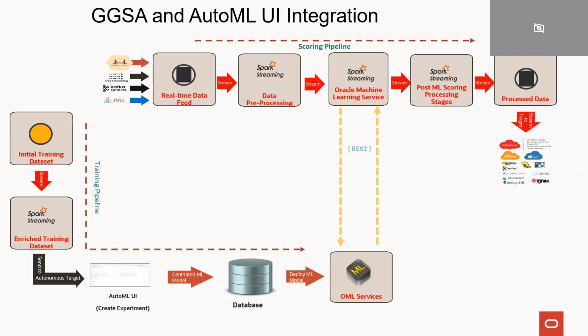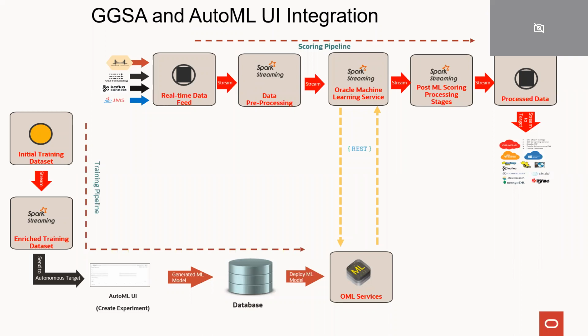Then Spark streaming underneath, built within Stream Analytics, does some data processing and transforms that data as live data is coming through. And that pipeline, again, is a pipeline that you actually create yourself. Your data scientists and business analysts can create that pipeline as the live data is coming in.